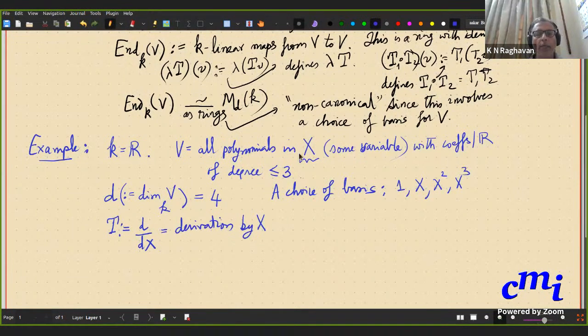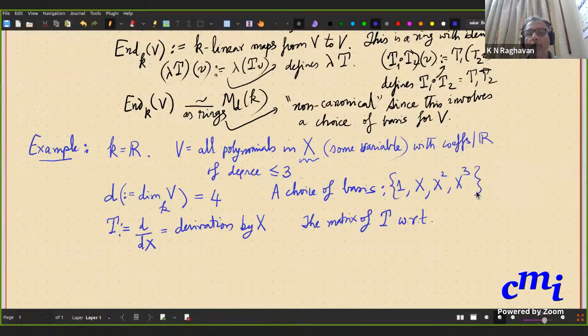Okay, so can somebody tell me what is the matrix of T with respect to, let's call this B, with respect to B.